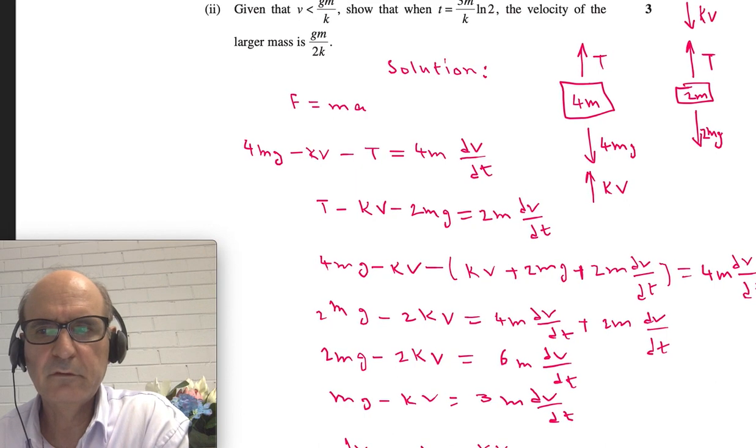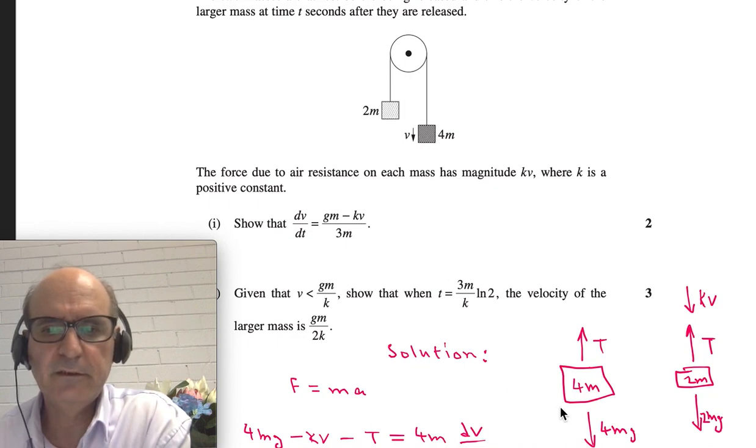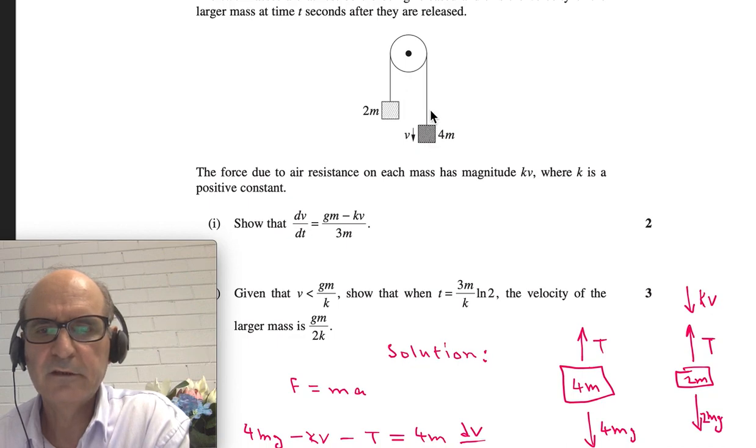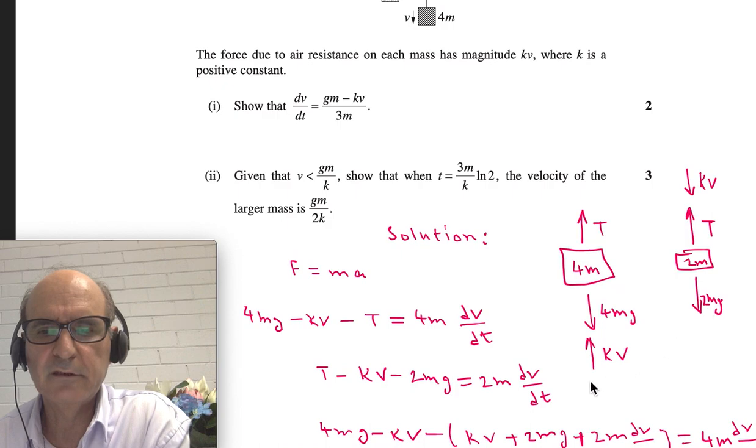We draw the free body diagram for the larger mass, 4m. It is affected by three different forces. One is its weight, which is 4mg, downwards, mass times acceleration due to gravity. The other is the tension of the string, which is trying to stop it from moving, so it's upwards. And the third one is the resistance, which is always against motion, so kv, as they have told us.